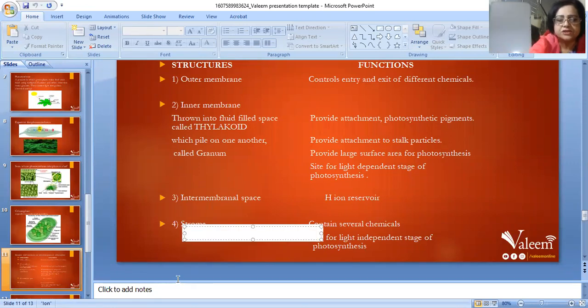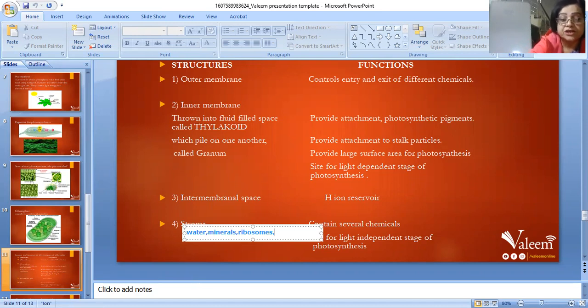It contains, no doubt, water. It contains minerals without which glucose cannot be formed. It contains some very important organelles like ribosomes. Why? Because ribosomes help in enzyme formation which are needed for photosynthesis.